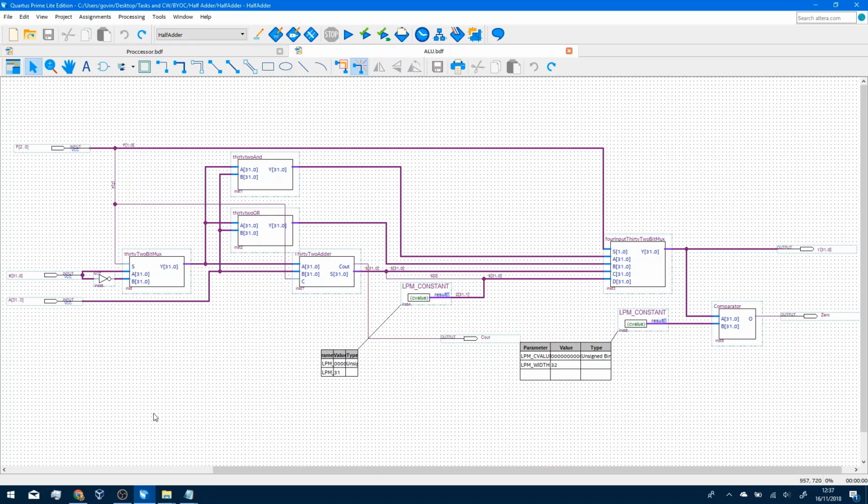Therefore, the output of the 32-bit 2-input multiplexer is B, which feeds into the 32-bit AND gate, as well as the 32-bit adder.